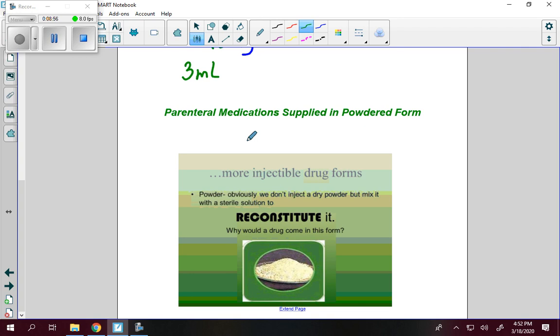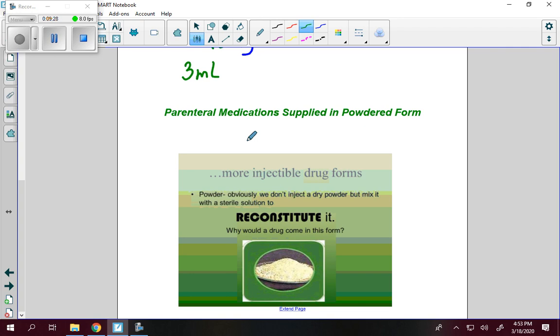So I'm wondering, why would this drug come in this form? It comes in this form because it's more fresh this way. If you have a baby and have to mix up baby formula, you just mix up the formula right before you give it to your baby, because you can't have a bunch of bottles in the fridge that you already reconstituted, because the milk goes bad.